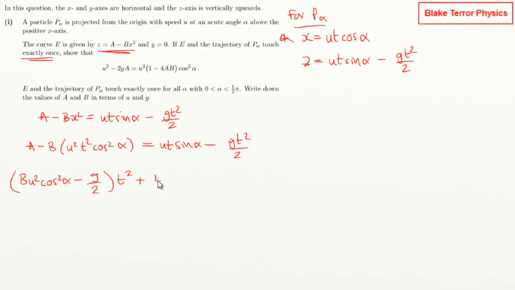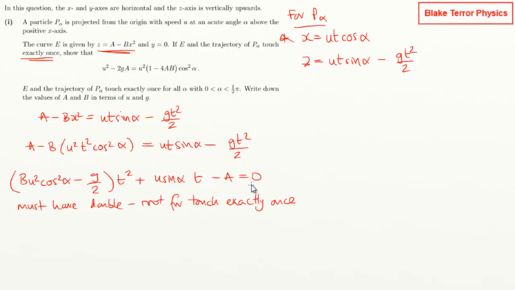Then I've got u sine alpha, that's the t, and then I've got a minus a, and that is all equal to 0. So this must have a double root for touch exactly once.